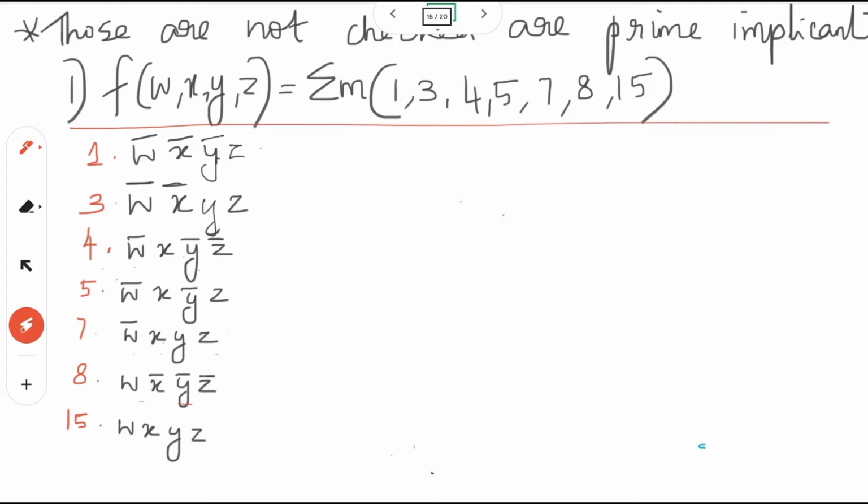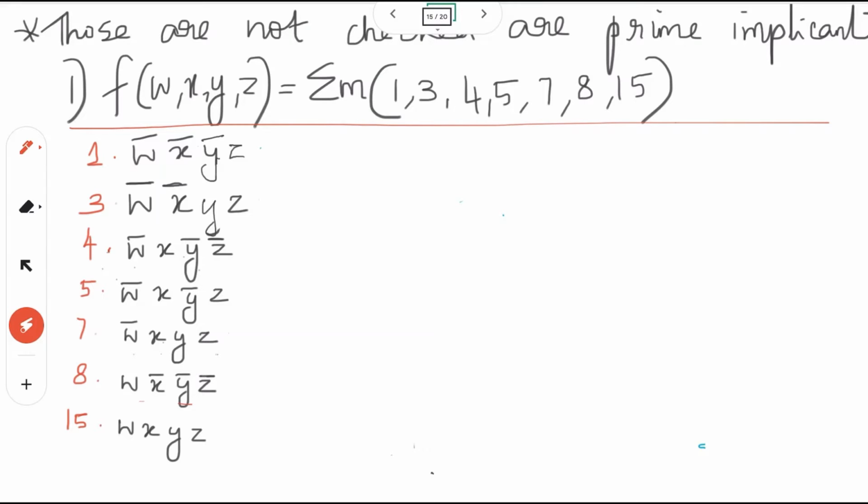For example, consider a function f of wxyz is equal to summation m 1, 3, 4, 5, 7, 8, 15. The first step is we should write all the minterms for the corresponding decimal values.